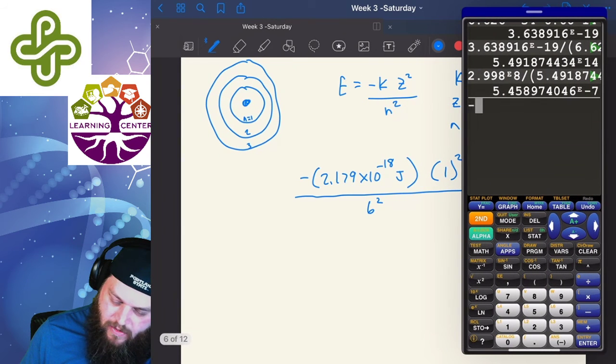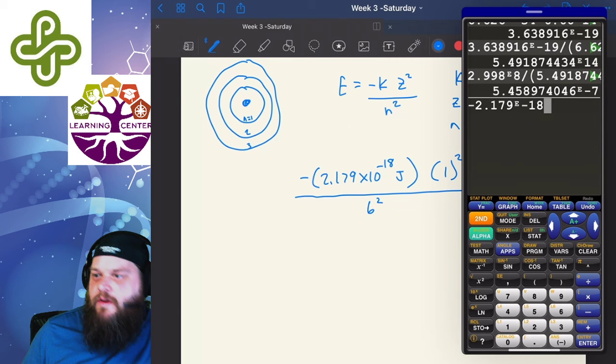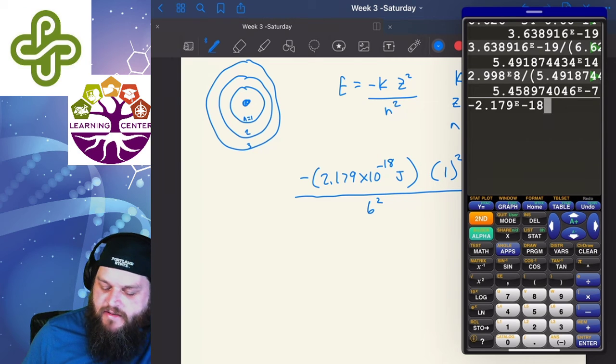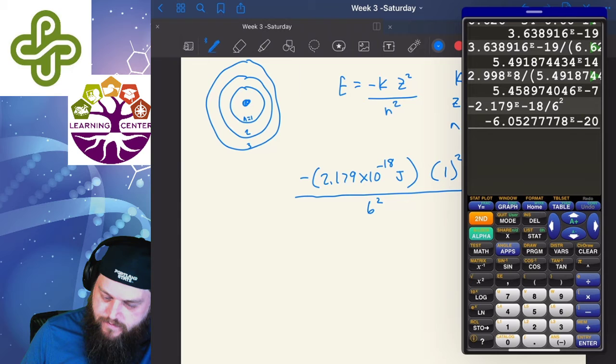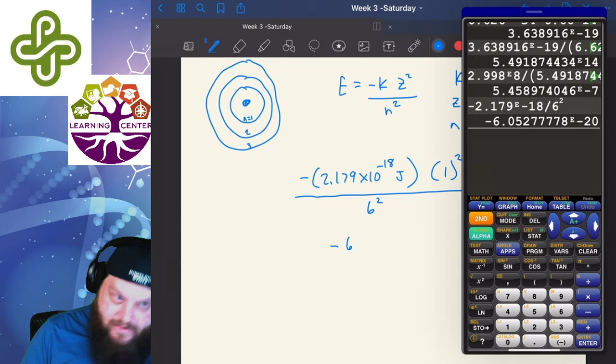Plugging that in to our calculator, 2.179 e to the negative 18, that's in joules. Multiply by 1 squared. 1 doesn't really matter because it's just 1. But we can divide then by 6 squared. And this is negative 6.05 times 10 to the negative 20 joules.